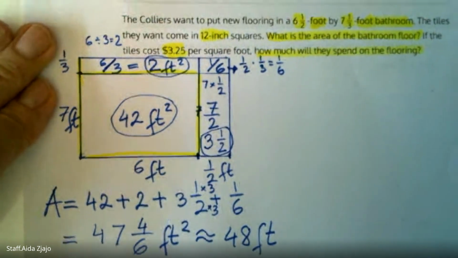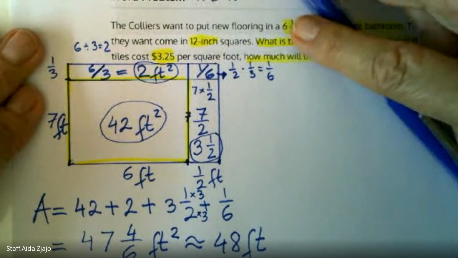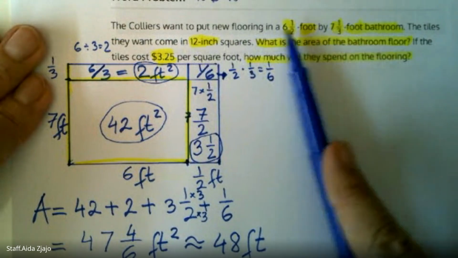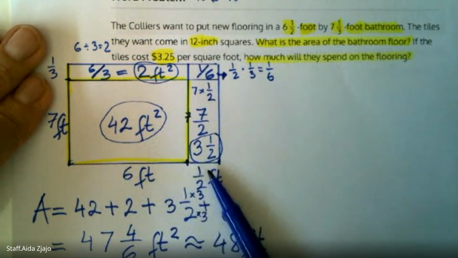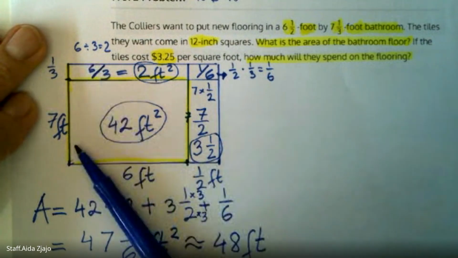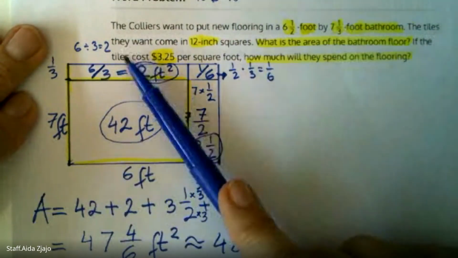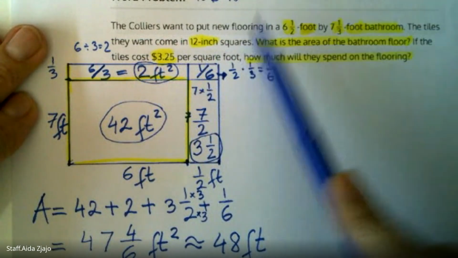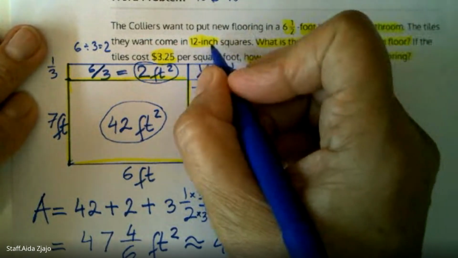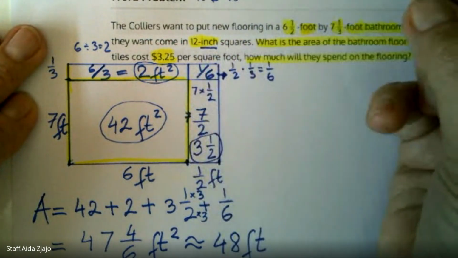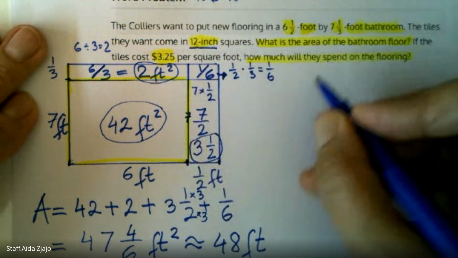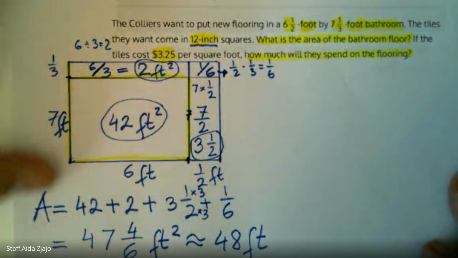Now go back to the story. It says here that the area was 6.5 by 7 1/3, and the tiles come in 12-inch squares. So you know that 12 inches is the same as 1 foot.